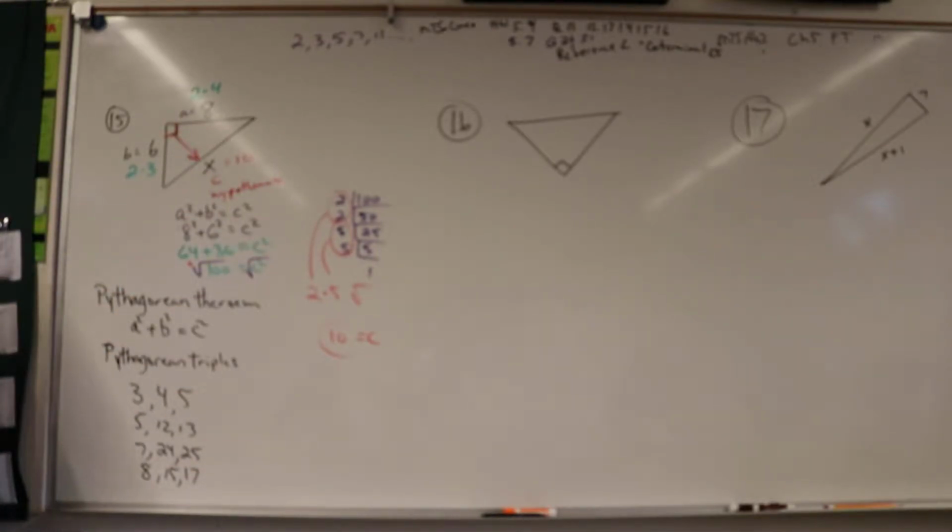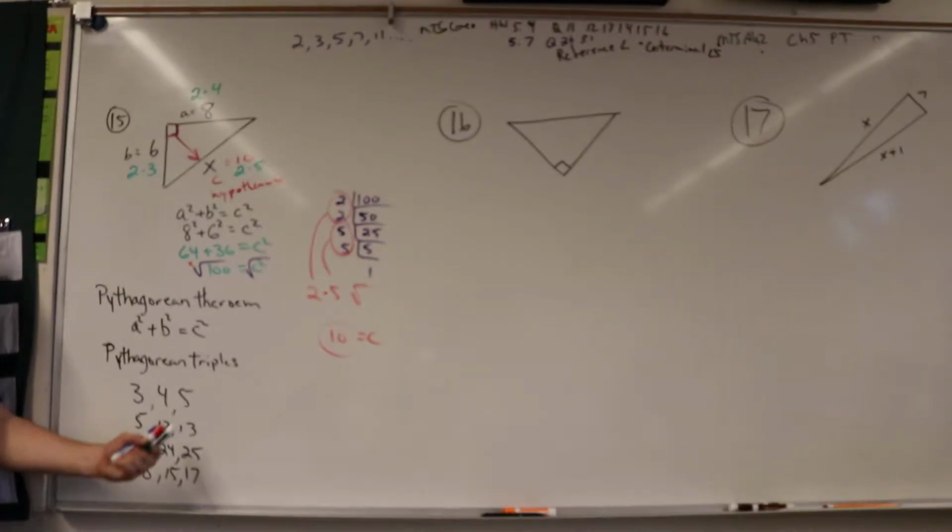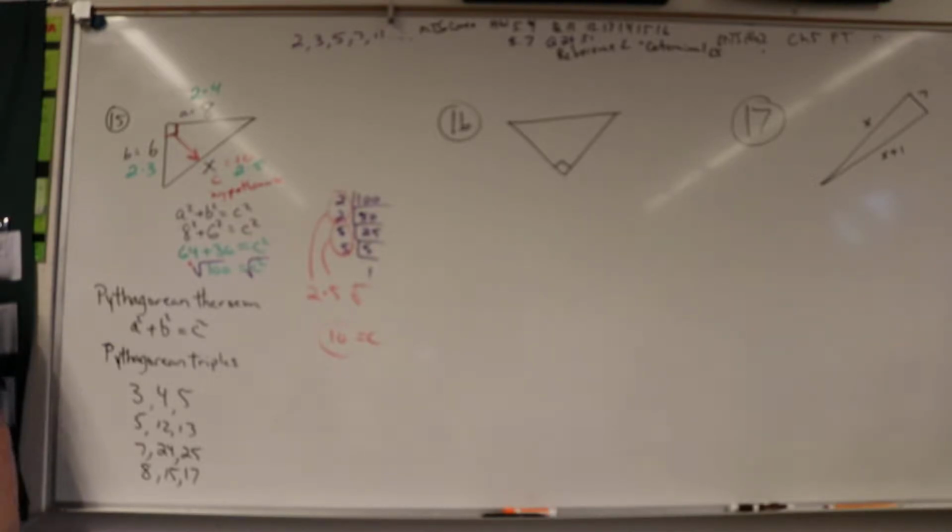How many times does 2 go into 10? 5 times. 2 times 5 is 10. So this is really a Pythagorean triple of 3, 4, 5. It's just multiplied. It's just dilated. Get it? Okay?